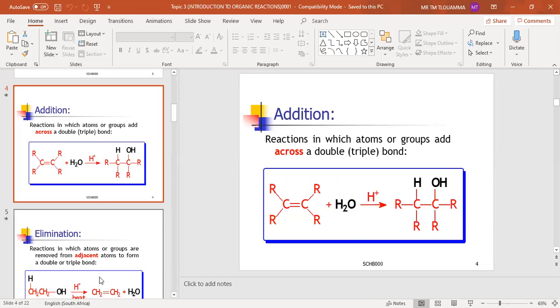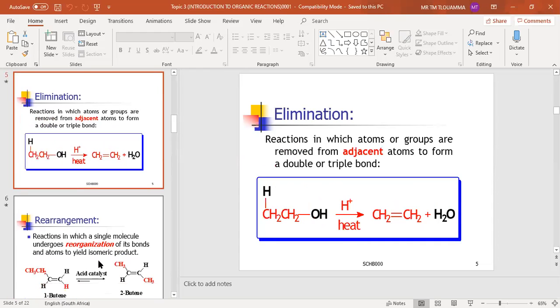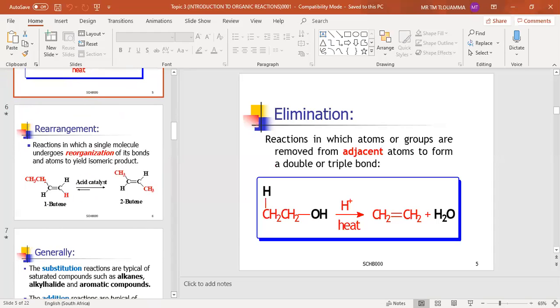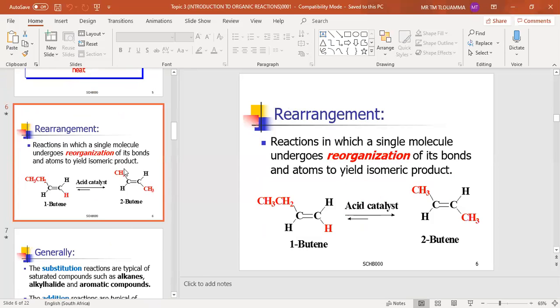So that's why I'm saying that this one is the opposite of whatever you did in the addition. I hope you understand. So you must know that the addition and the elimination basically explain the opposite of each other. Then now we're having the rearrangement.